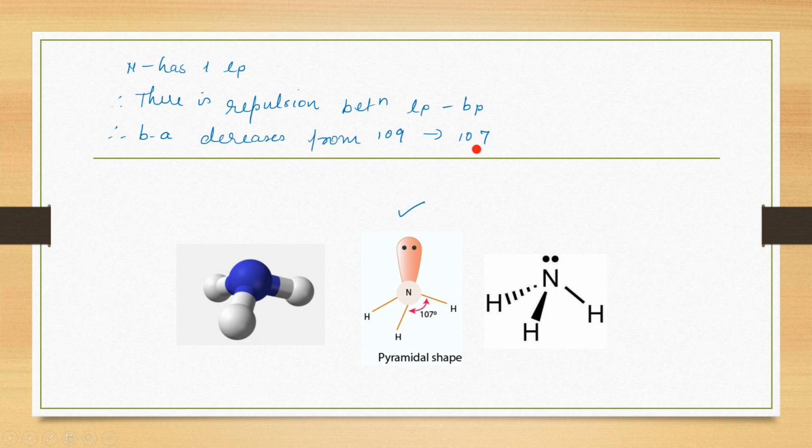So this is generally the question that you get: why has the bond angle of ammonia decreased? Why is it 107 and not 109 in spite of being sp3 hybridization? Because for sp3 hybridization, the standard bond angle is 109.5, but now here the bond angle is 107. Okay, fine. Now next is oxygen.